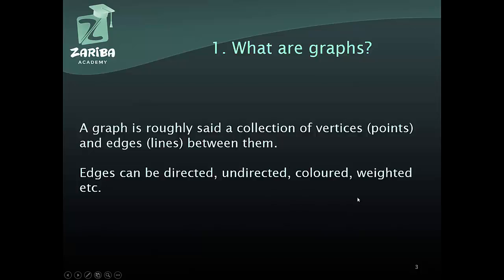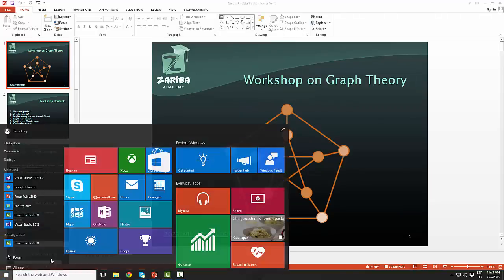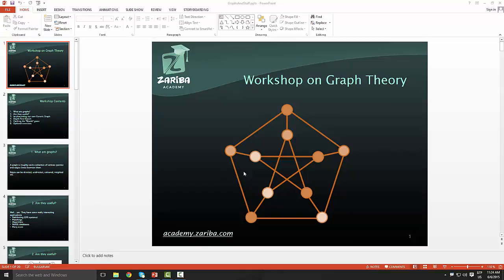I mean, there are very many different types of graphs, and I'm sure that I'm missing something here, but just to get the idea. So if I go back a couple of slides, this is the Petersen graph, and it's quite interesting, but I wouldn't go into much detail why. So yeah, here we have some points. Let me launch Zoom it, because there's going to be a lot of drawing today.